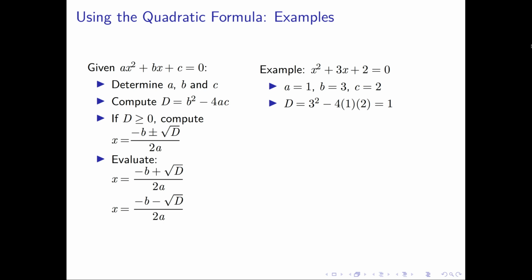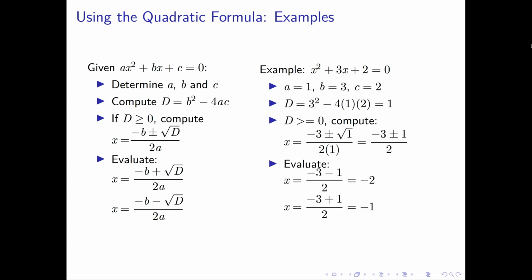It is greater than 0, so we're going to compute x equals negative 3, the opposite of b, plus or minus the square root of 1 over 2 times 1, and that equals negative 3 plus or minus 1 over 2. Now we evaluate that formula for the negative case, so negative 3 minus 1 over 2 is equal to negative 2, and negative 3 plus 1 over 2 is equal to negative 1. So we see now that the solutions are negative 2 and negative 1.